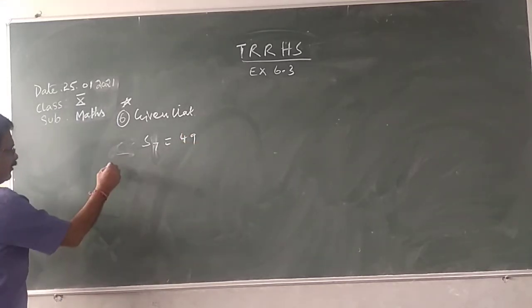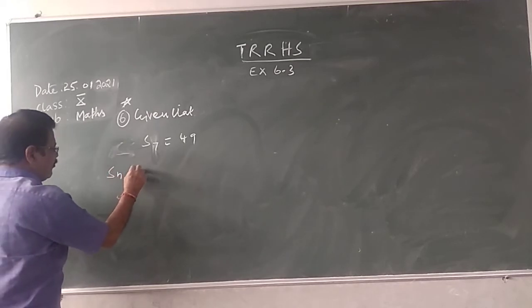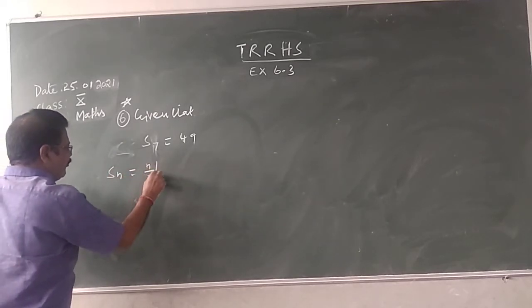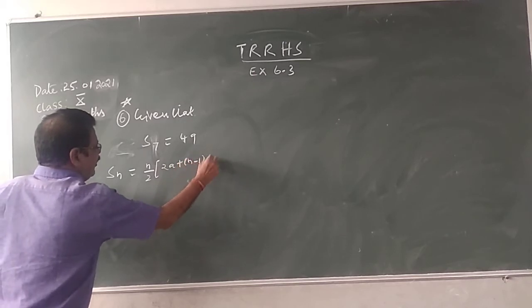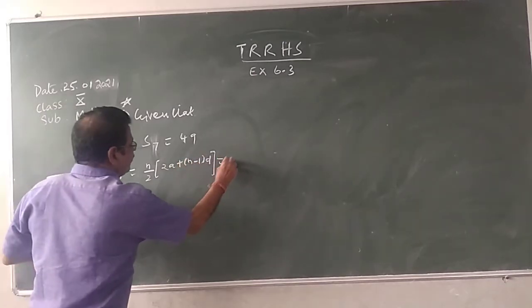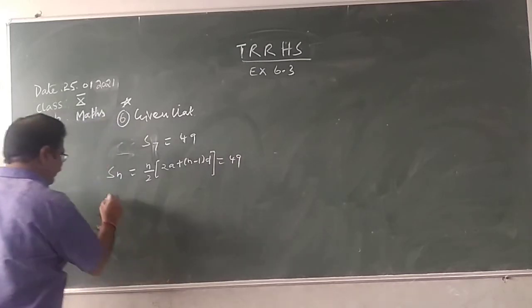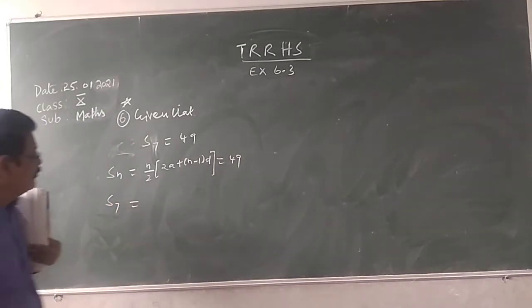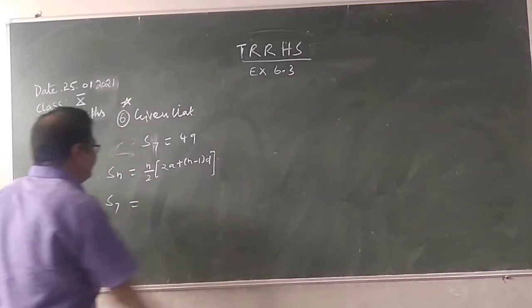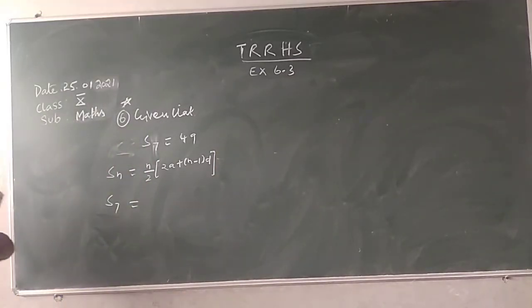Sn formula you know: Sn is equal to n by 2 into 2a plus n minus 1 into d. Sn means S7 here, sum of the 7 terms is 49.